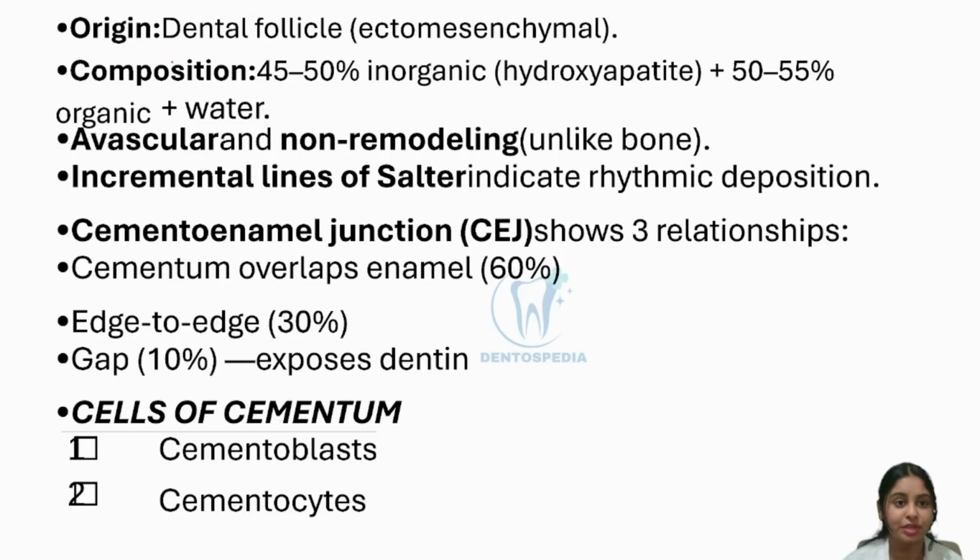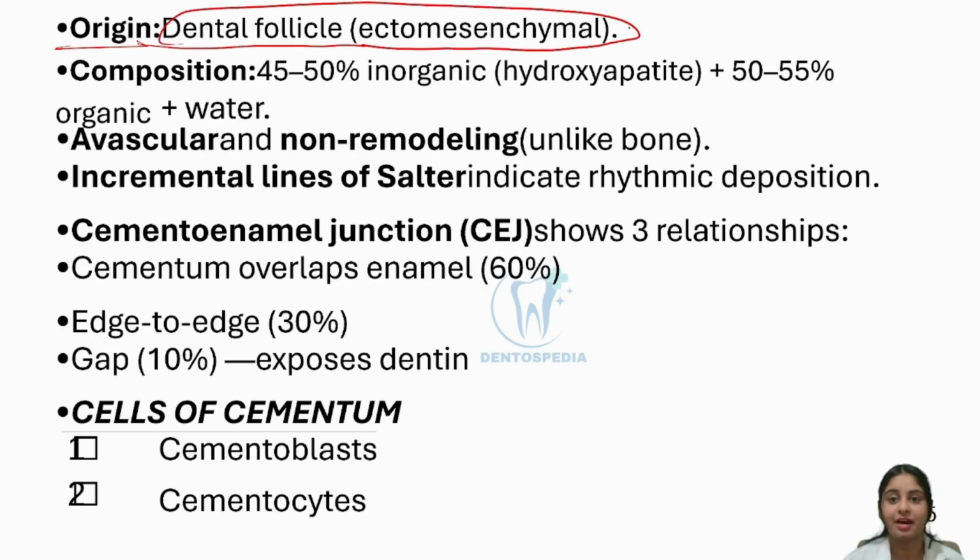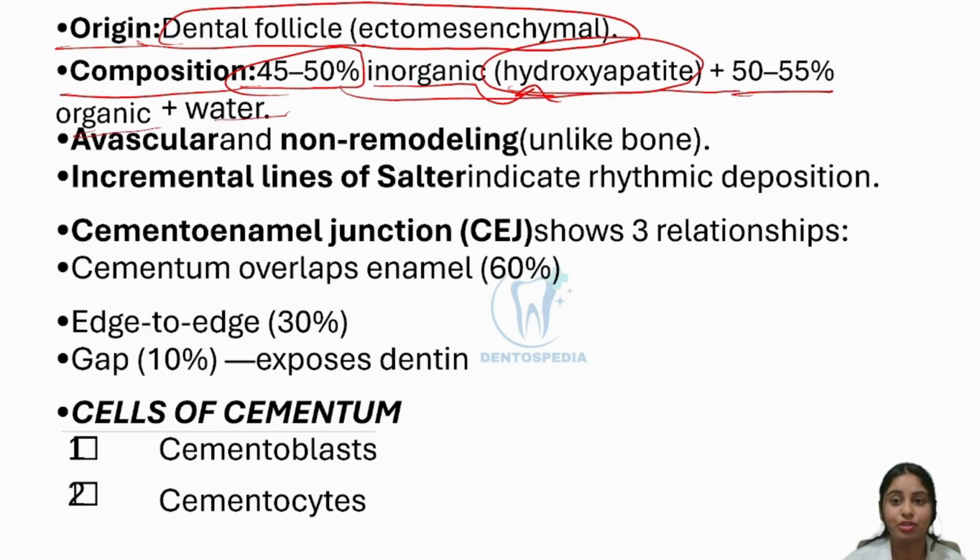Coming to the origin, they originate from the dental follicle, and we have discussed this in detail in our embryology chapter. Coming to the composition, they have 40 to 50% inorganic material present in hydroxyapatite crystal form, and 50 to 55% organic material and water. It is very important to learn this composition by percentage from the exam point of view.